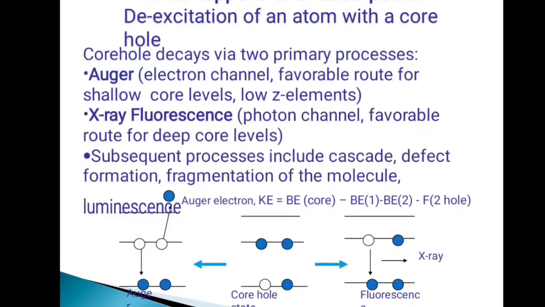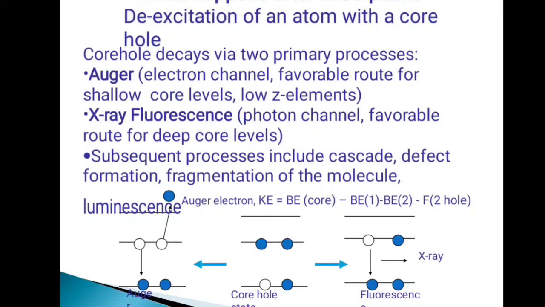What happens after absorption? If the absorption process has happened, what is the next process? The next process is de-excitation of the atom with a core hole. It is mainly based on two primary processes. The first one is Auger and the second is X-ray fluorescence.